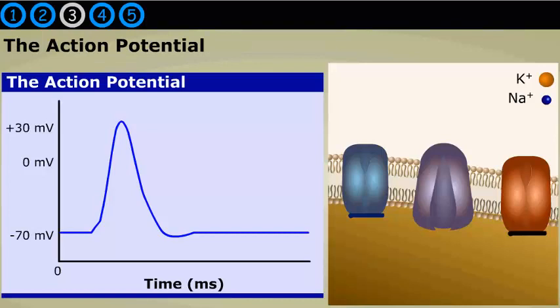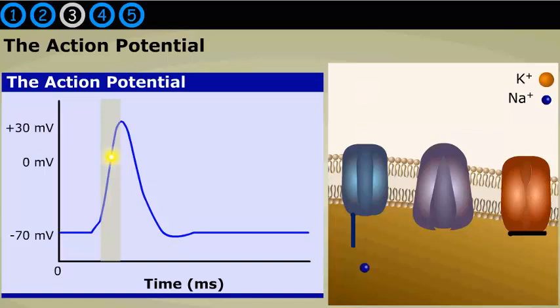Let's follow the changes in charge that take place along one section of the axon membrane during an action potential. A neuron receives a stimulus that causes the sodium ion channels to open. Because there are a lot more sodium ions outside the membrane than inside, sodium ions rush in.